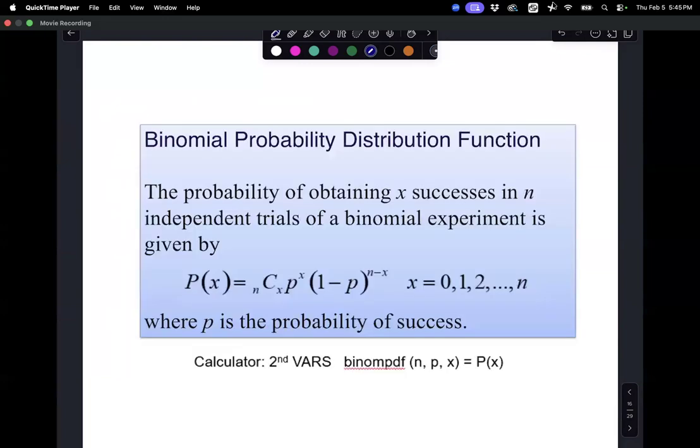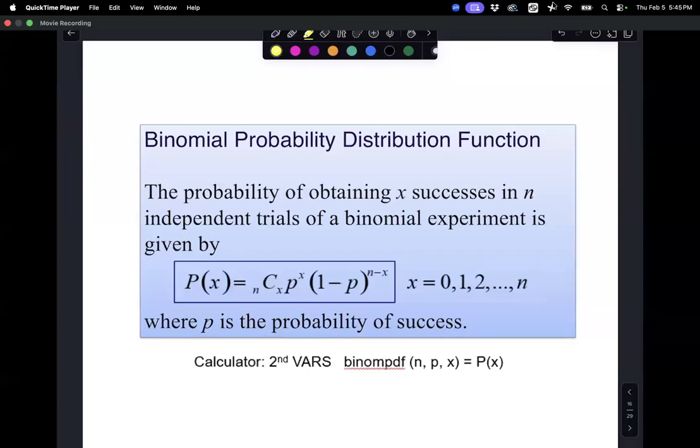All right. So with the combinatorics, this is the formula right here that we use if we wanted to do it basically by hand. So yes, you can do this in your calculator. You absolutely can. And it's a little more work than using the binomial function.